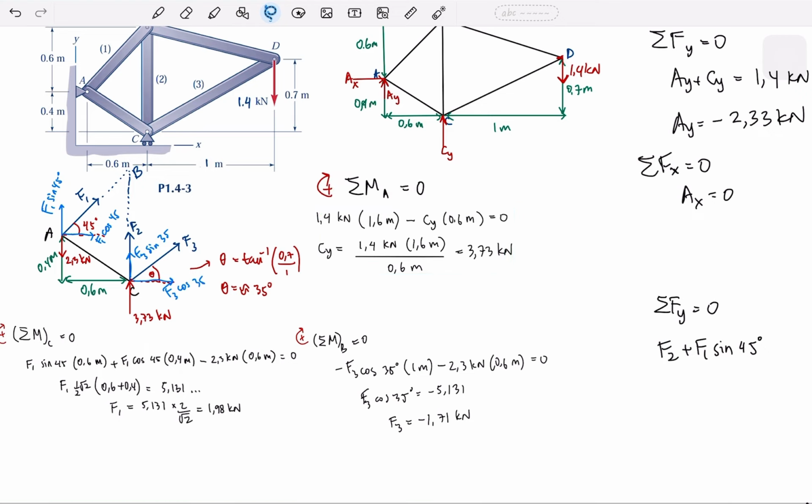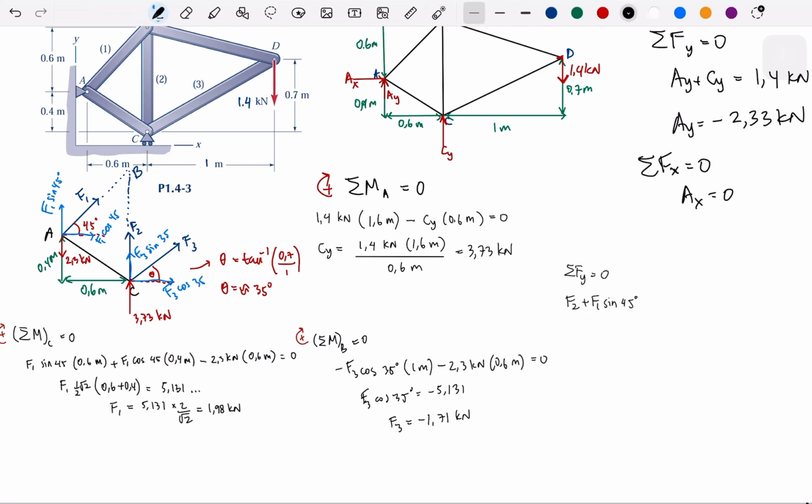Resize, move over there. Okay. And then plus the F3 sine 35.